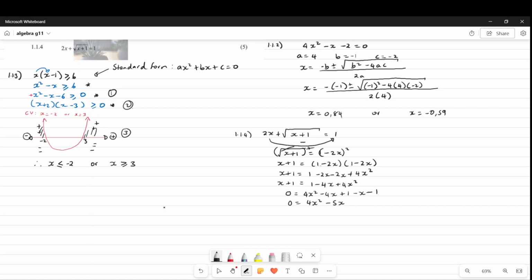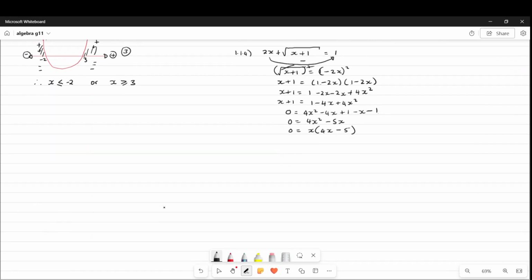As you can see, we can solve this now. We have x as a common factor, so take x out, and you remain with 4x minus 5. Now this equation is in factor form, and I'm keeping a 0 over here. You must put that as 0.